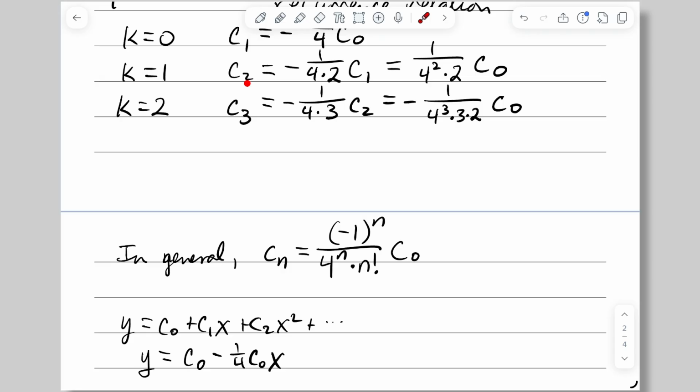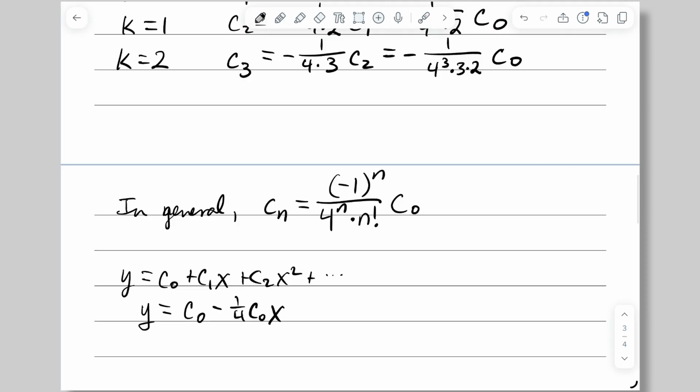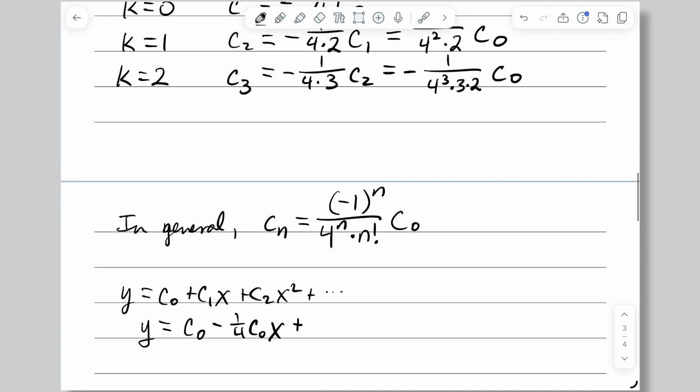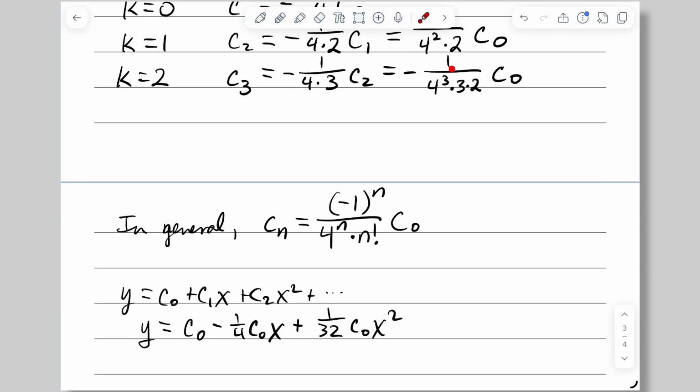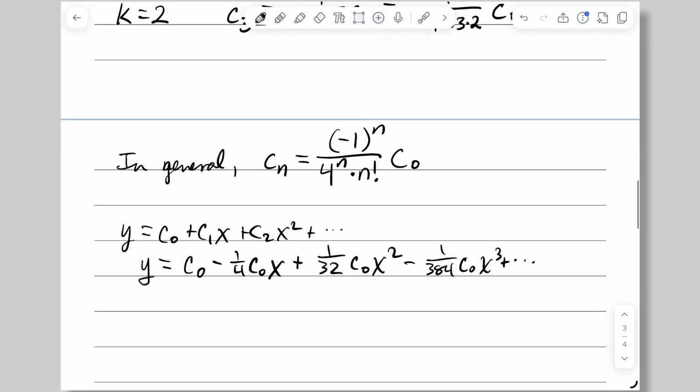For c sub 2, we have this 1 over 4 squared times 2c naught. And I'll write it down in this case as 1 over 32 c sub 0, and that's the x squared term. For the x cubed term, we have negative 1 over 384 c sub 0 x cubed plus dot dot dot.